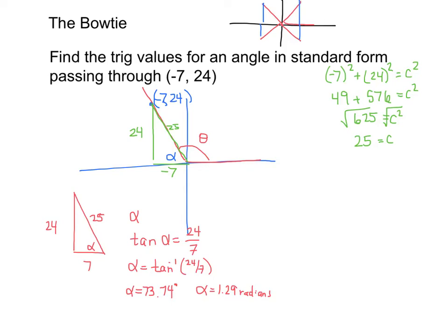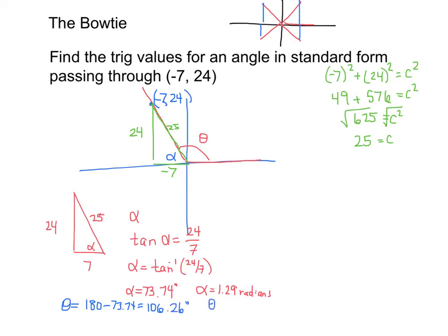Those reference angles, though, those aren't the value of theta. Because you can see theta is bigger than 90 degrees, bigger than pi over 2. So what I have to do to get theta in degrees, I'm going to do 180 subtract 73.74, which is 106.26 degrees.